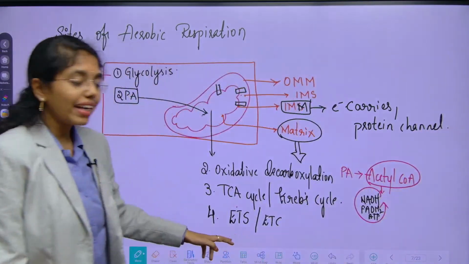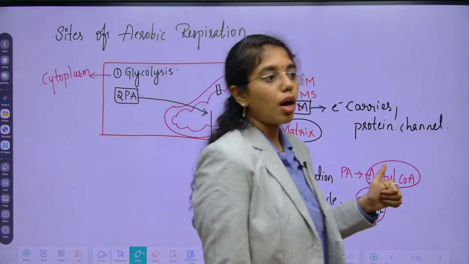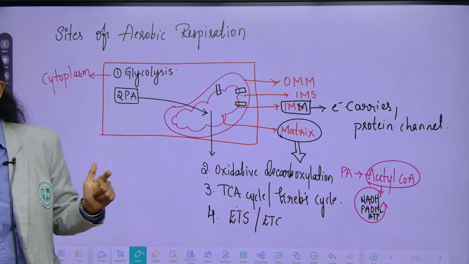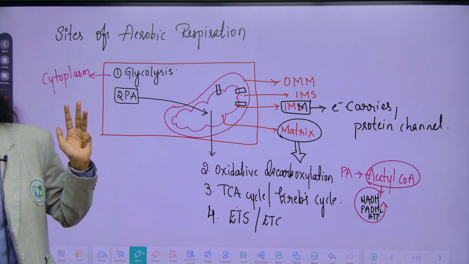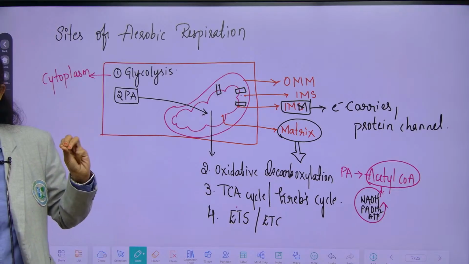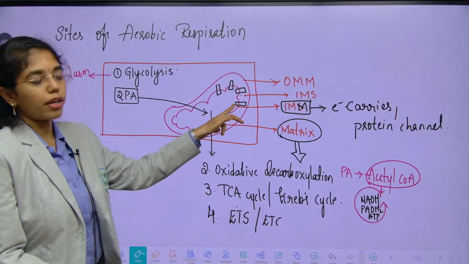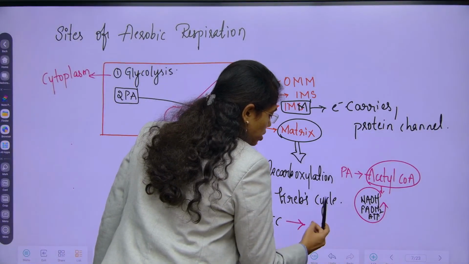Likewise, for ETS to happen, we need 4 complexes, if you remember. First complex is NADH dehydrogenase, second succinate dehydrogenase, third cytochrome BC complex, fourth cytochrome C oxidase complex. Likewise, we have 4 complexes which are present where? In the inner mitochondrial membrane itself. So, ETS or electron transport system happens where?